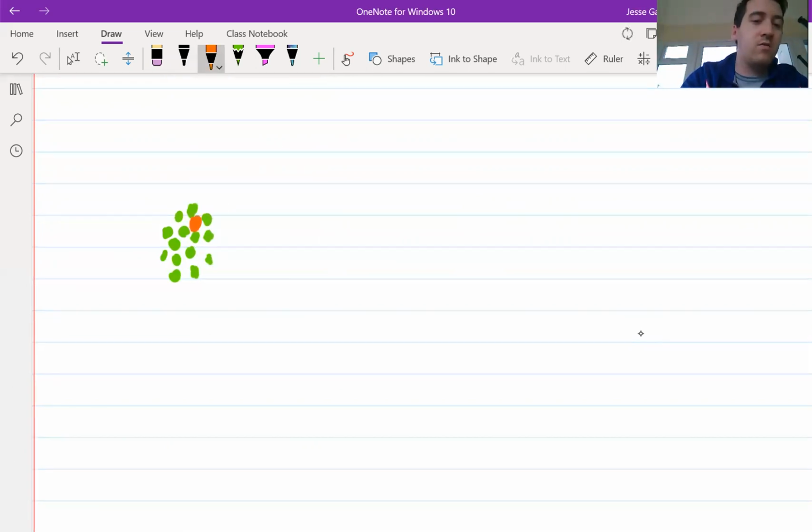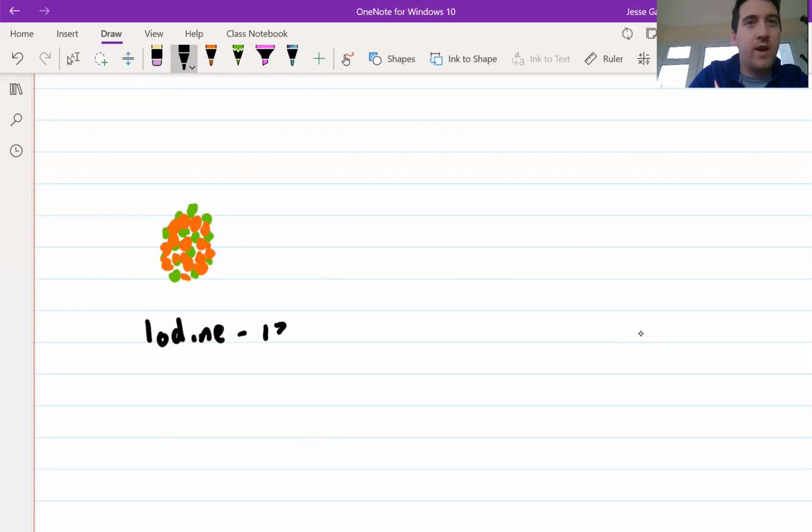So here I've got protons and neutrons. Now, this particular isotope, we'll say it belongs to iodine-131.